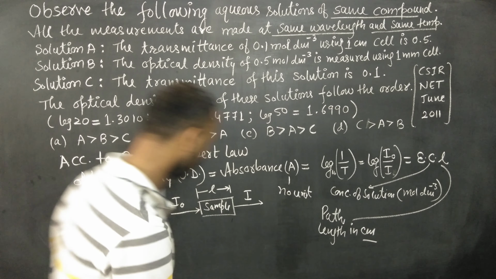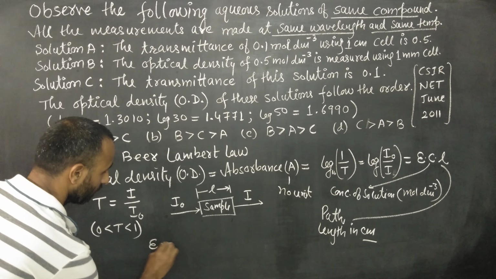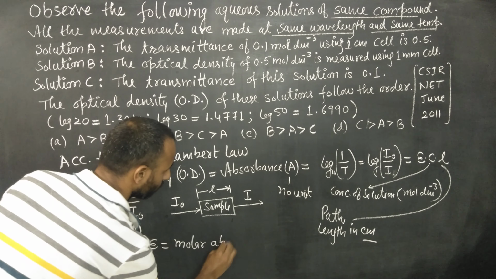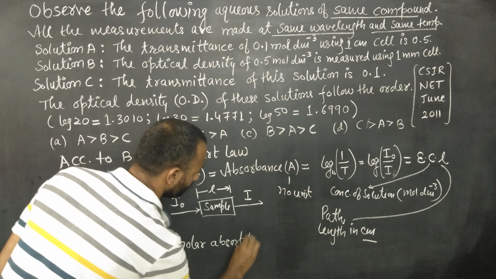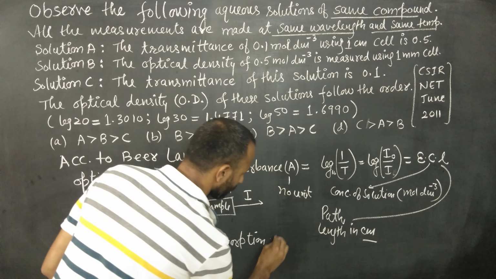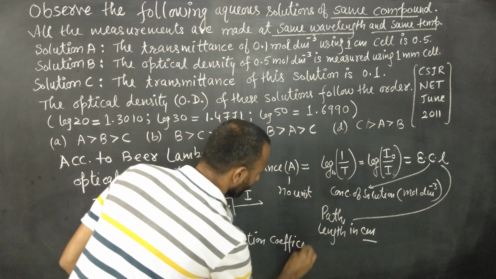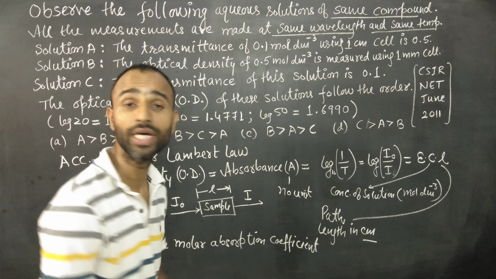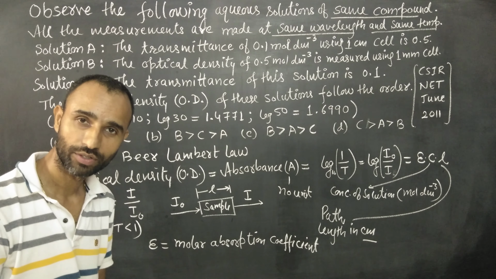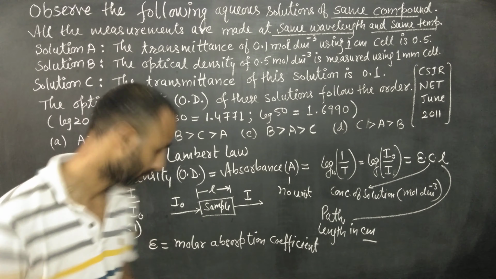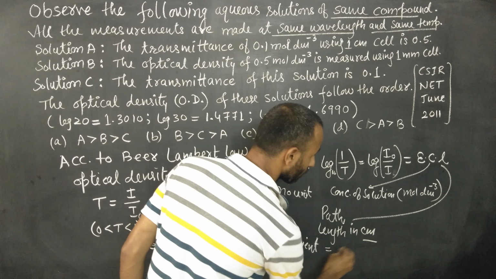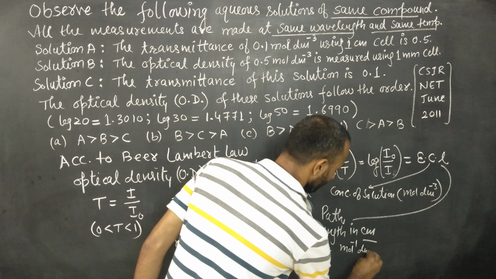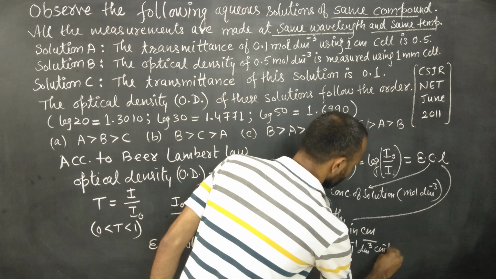So what is epsilon? This is the molar absorption coefficient, or molar extinction coefficient, or absorptivity, and its unit is per mole decimeter cube per centimeter.